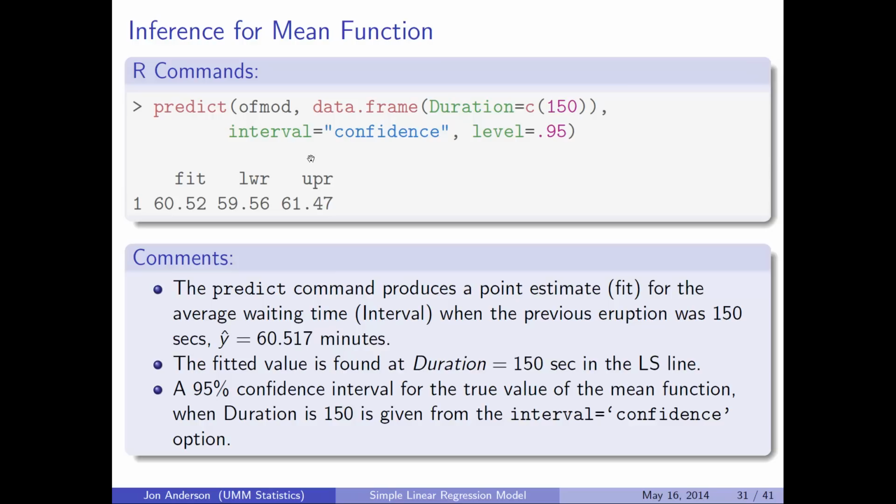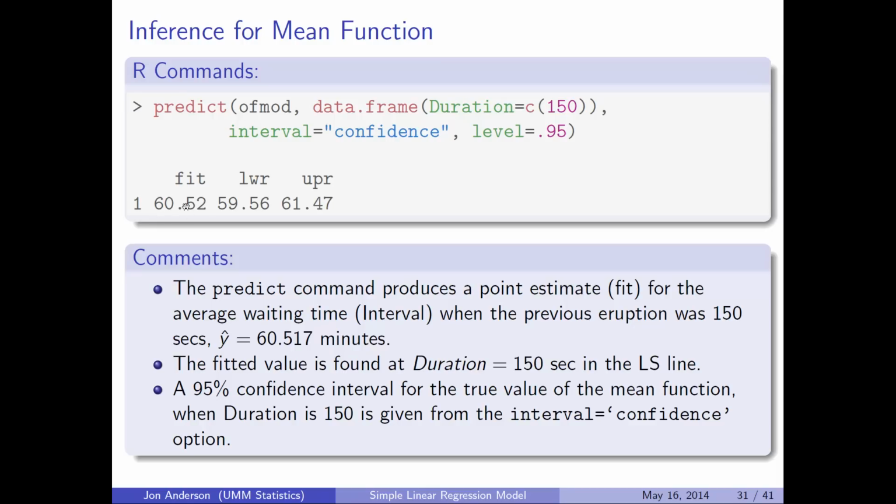You ask for the option interval to be confidence so that you make your statements about the mean function, and then level 95 means a 95% confidence interval.